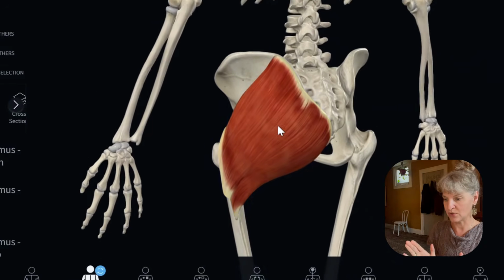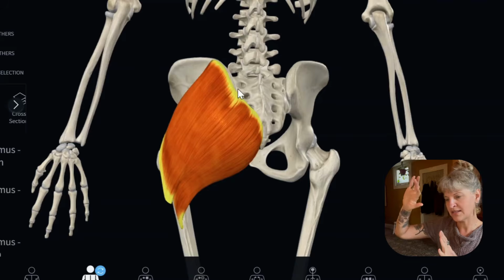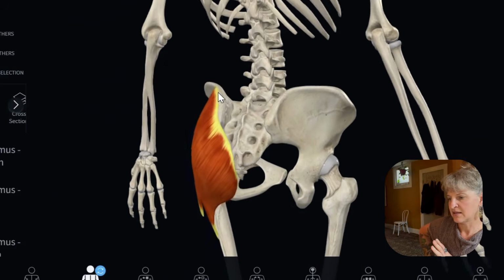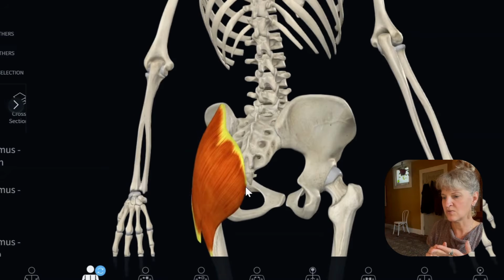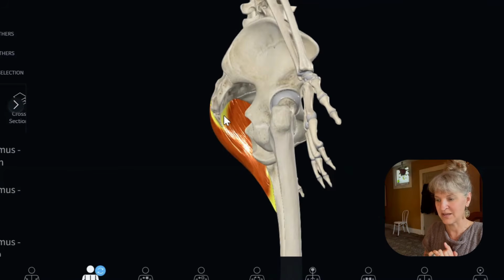The first group that we're going to be talking about is the gluteal group, and we're going to start with Glute Max. So our origin is going to be all across the back hip, about halfway up the iliac crest: ilium, sacrum, coccyx, sacrotuberous, and sacroiliac ligaments.